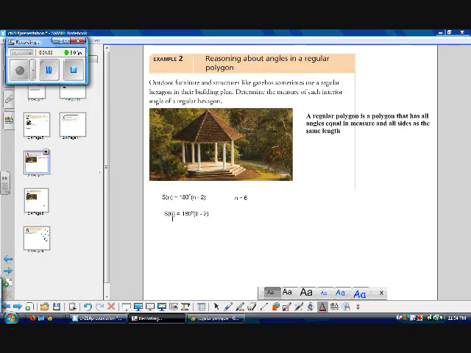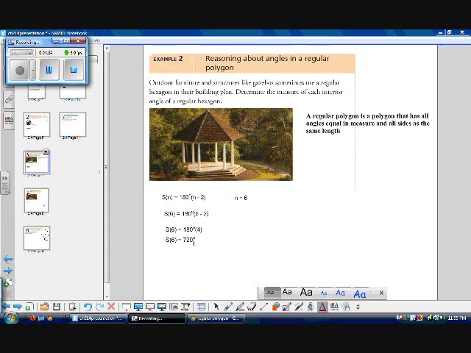So the sum of a 6-sided polygon is equal to 180 degrees times 6 minus 2, which is equal to 180 degrees times 4. So the sum of all the interior angles in a hexagon is equal to 720 degrees.